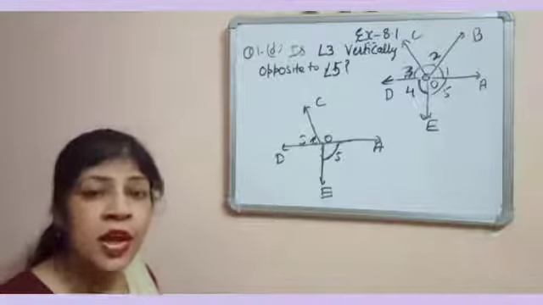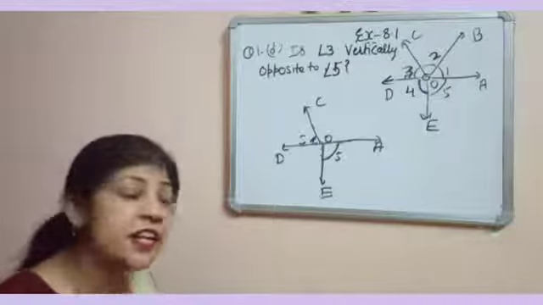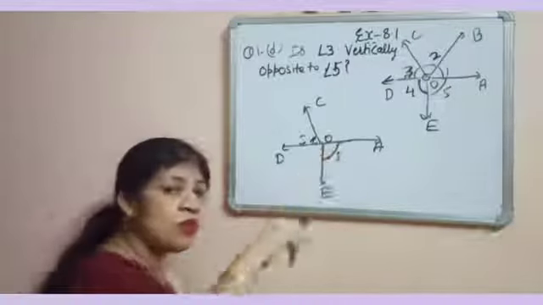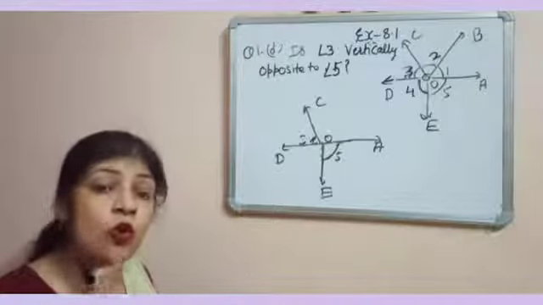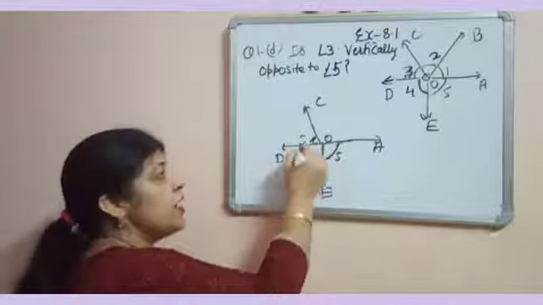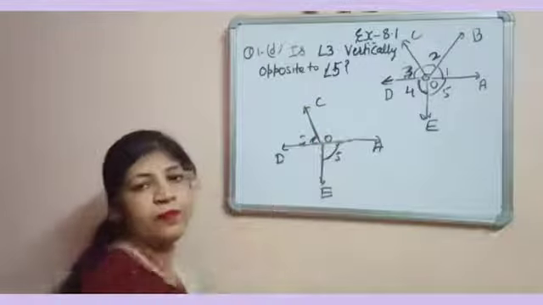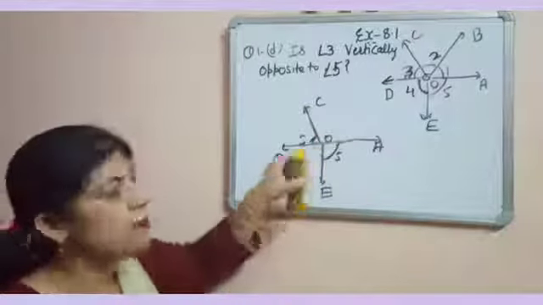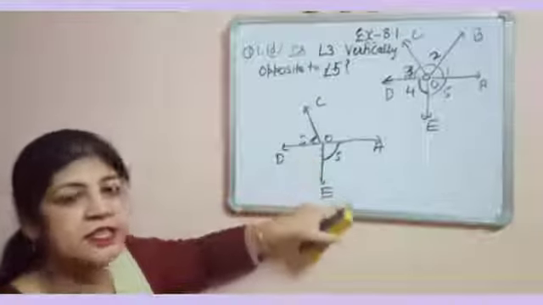When two lines meet at a point, then they are called intersecting. When more than 2 lines meet at a point, they are called concurrent lines. Now here 1, 2 and 3, 3 lines meet at a point. So that's why they are concurrent, not intersecting.